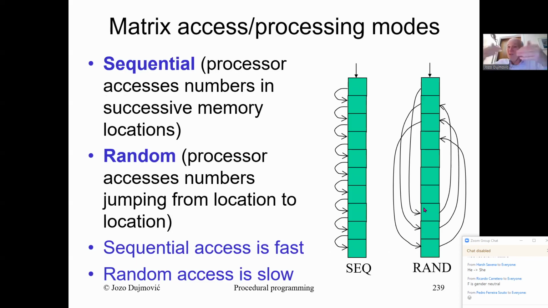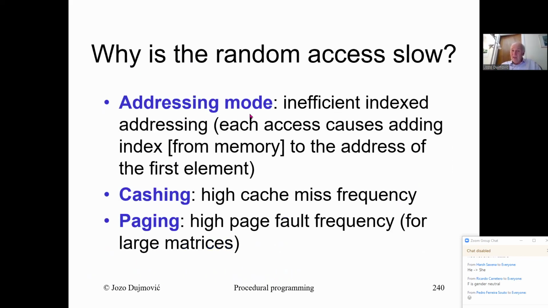You have access to the memory location where you have the index, and you have to perform the operation of multiplication and addition. And so this is going to create overhead and be much slower. Addressing mode is either efficient in memory or inefficient with indexed addressing.